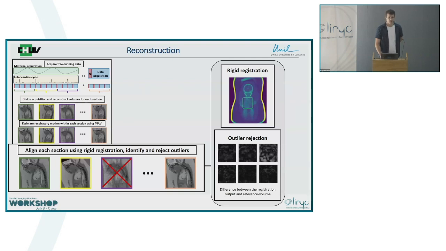To account for the cases where our registration is not working properly, thus where our fetal bulk motion is not estimated properly, we implemented also an outlier rejection algorithm. This algorithm analyzes the signal difference between the reference frame and the registration output to reject those frames where the motion has not been estimated properly.